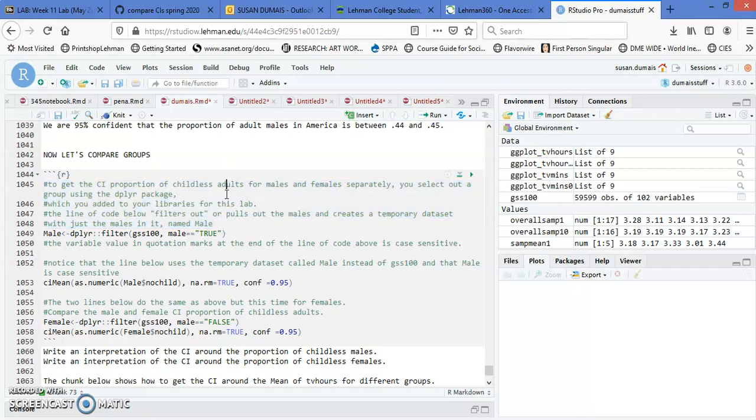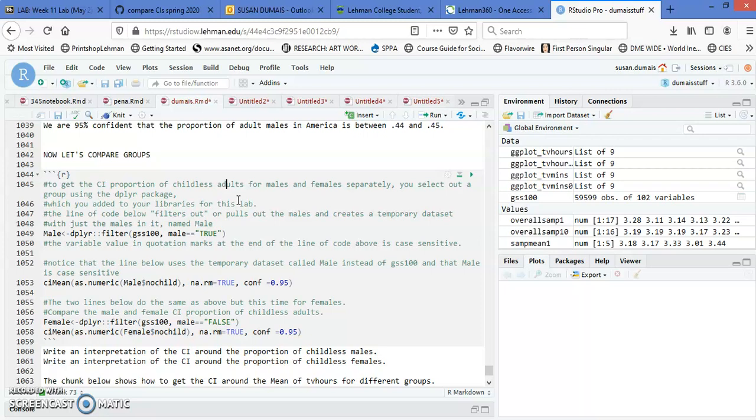You don't need to worry about that because I will provide the code for you, but essentially what you need to do is pull out each group and make a confidence interval for that group separately for its dependent variable and then compare. So in this case, I am looking at the proportion of people who are childless, and I'm comparing it by sex. So what is the relationship between sex and having children?